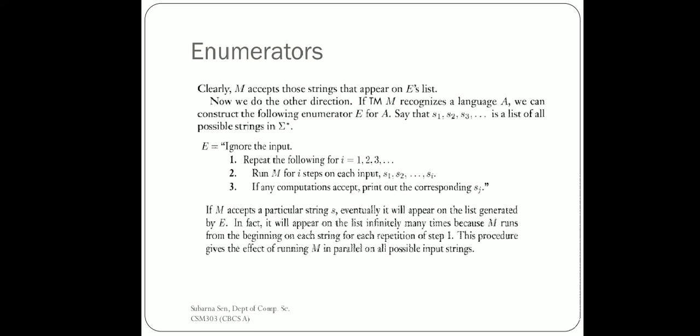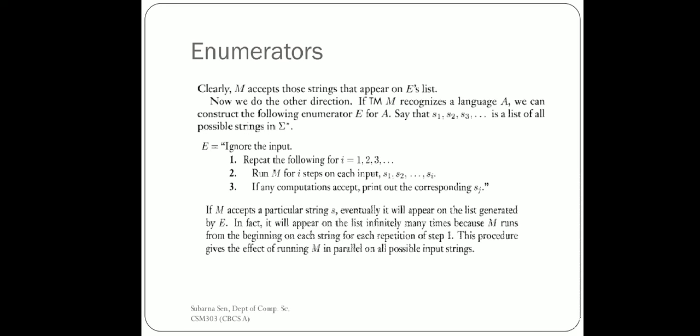Since E is enumerating those strings that my Turing machine is recognizing, M is going to accept those strings, and they will obviously be in the list of the enumerator. In fact, it will appear on the list infinitely many times, because M runs from the beginning on each string for each repetition of step 1. Say S1 has a length of 10, S2 has a length of 10, S3 has a length of 10.